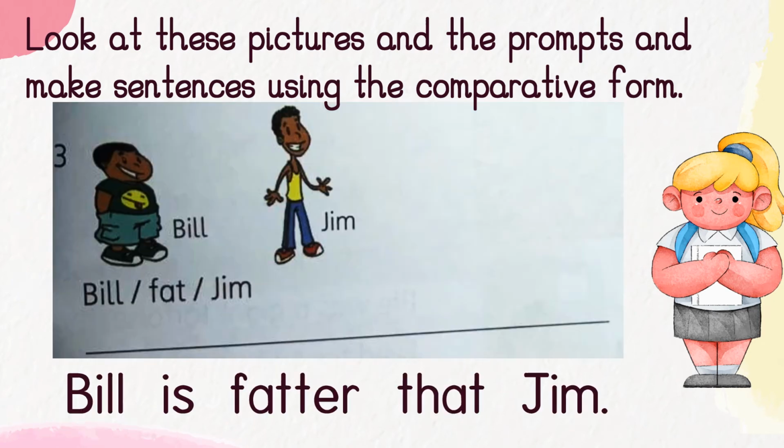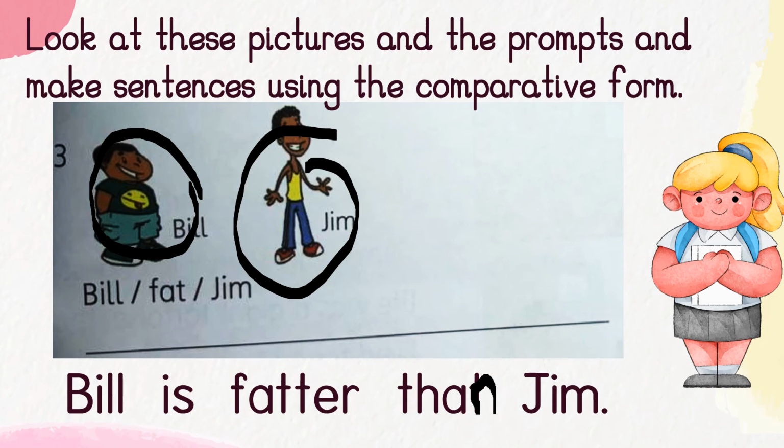Alright, now on the third one, we have the boy named Bill and the boy named Jim. The adjective here given is fat. So fat, turn out the comparative form, it will be fatter. Double T, yeah? This one is wrong. It's supposed to be then, yeah? So we have Bill here, we have Jim here.